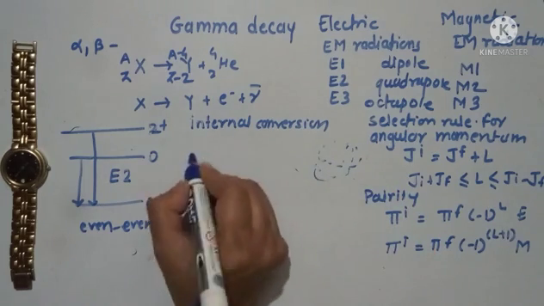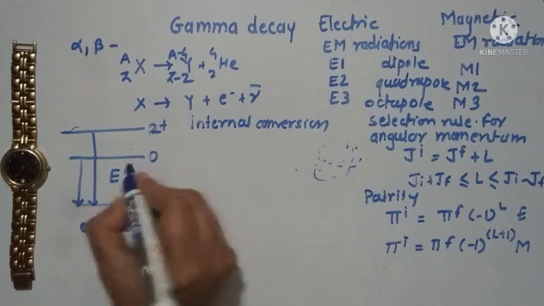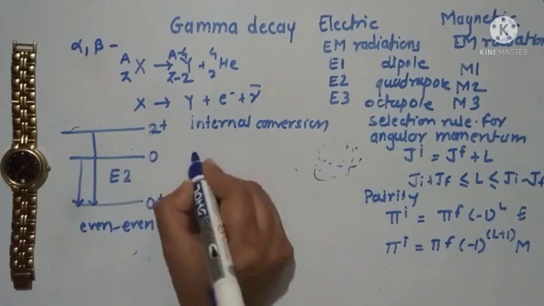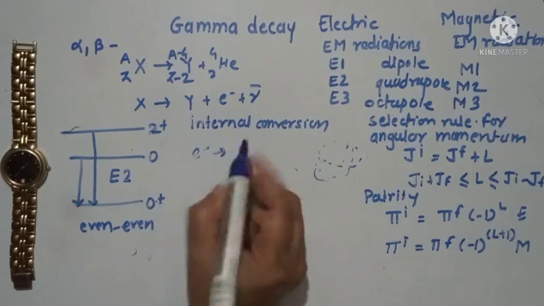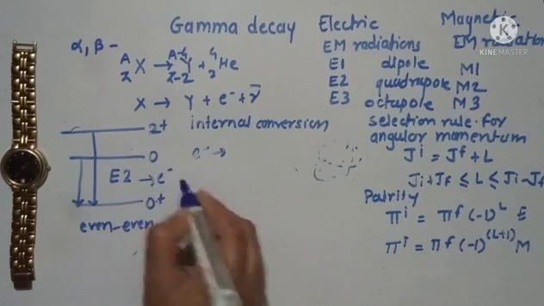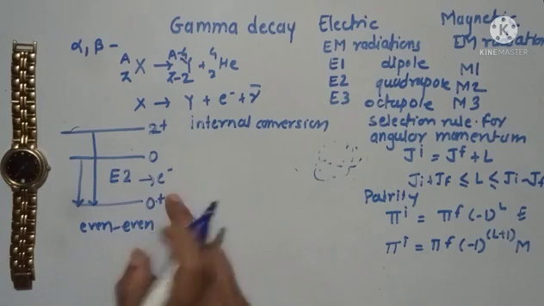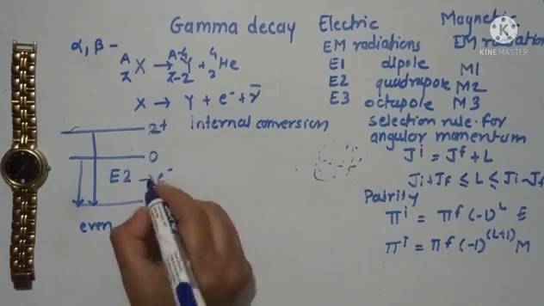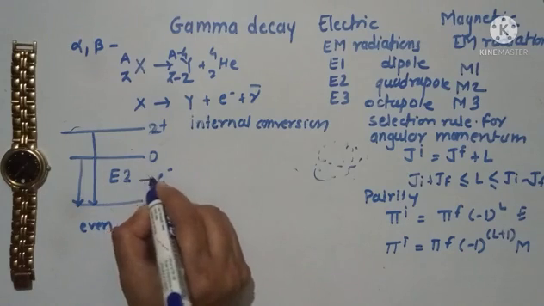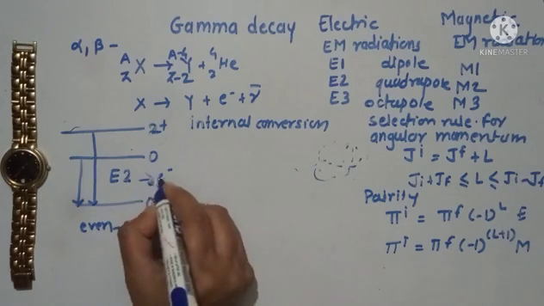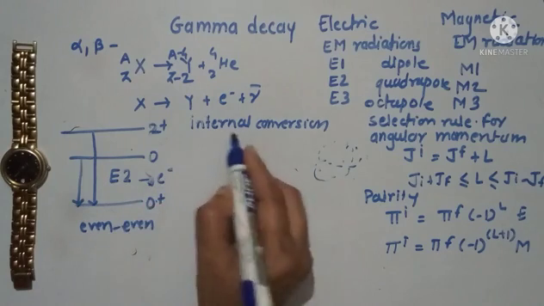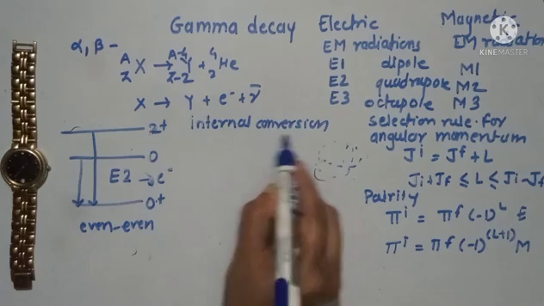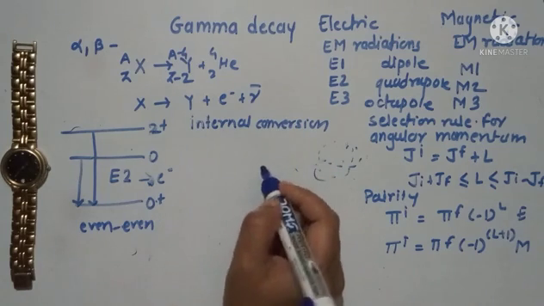So this electron may absorb this amount of energy and come out of the atom, and such reactions are called internal conversion reactions. So the gamma radiation is not coming out, the electron is coming out, and this type of reaction is called an internal conversion reaction.